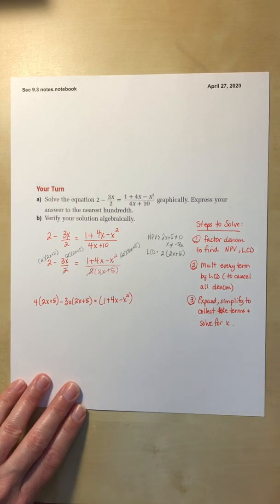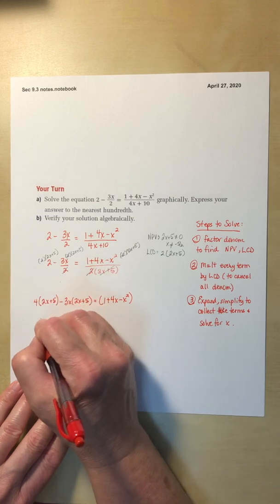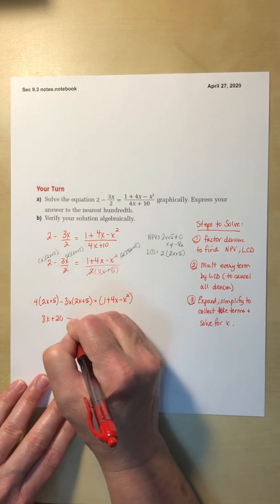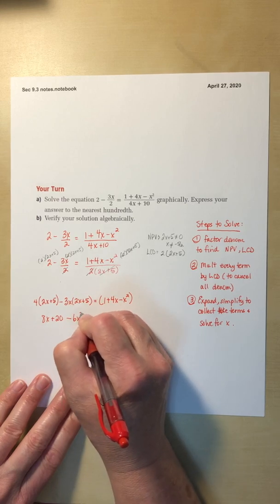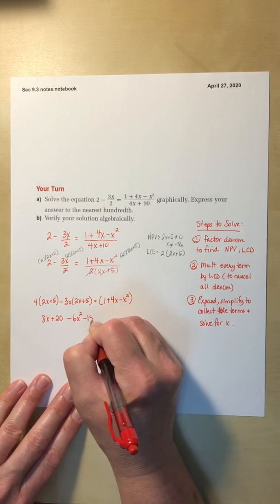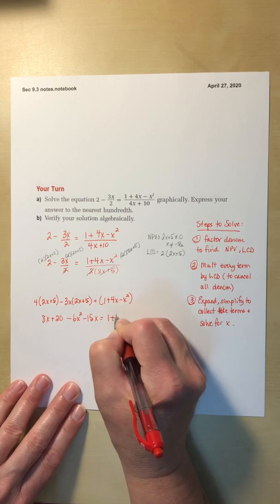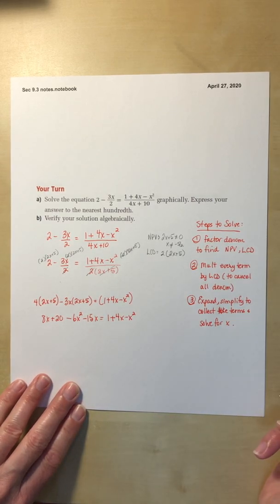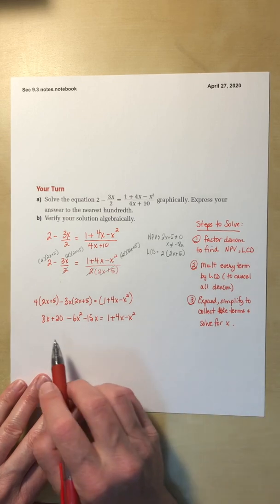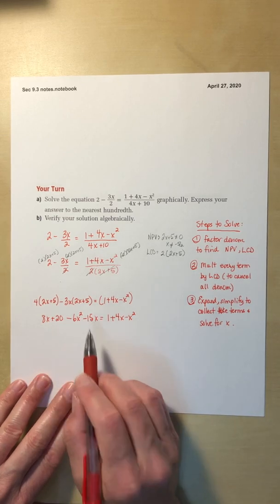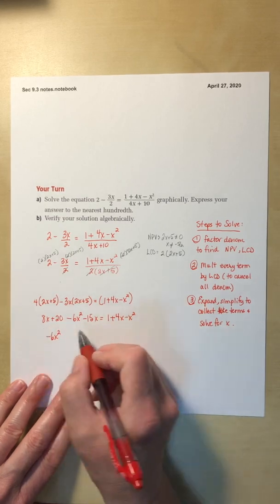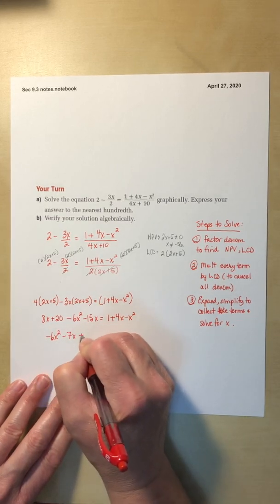So in this particular case, when we start to clean this equation up, multiplying the 4 in, multiplying the 3x in, and our equation on the other side, collecting all my like terms, I'm just going to simplify this side. It looks like I have a negative 6x squared. I have negative 7x plus 20.